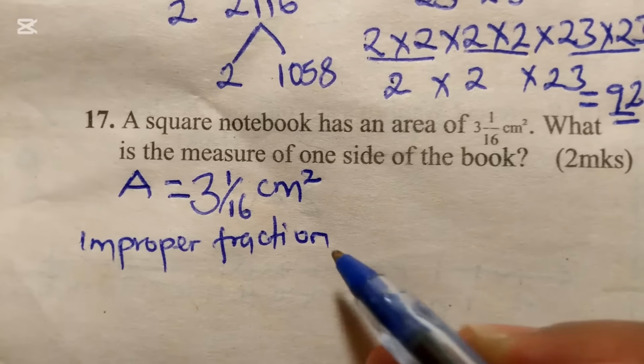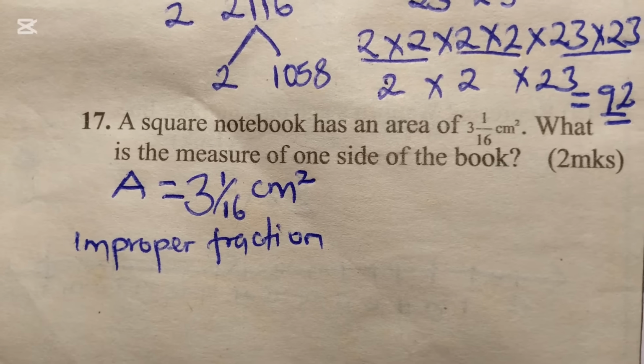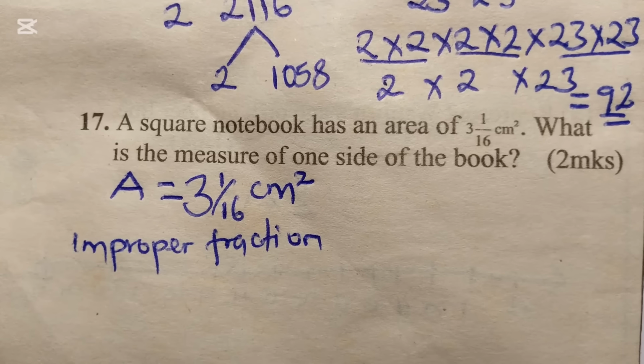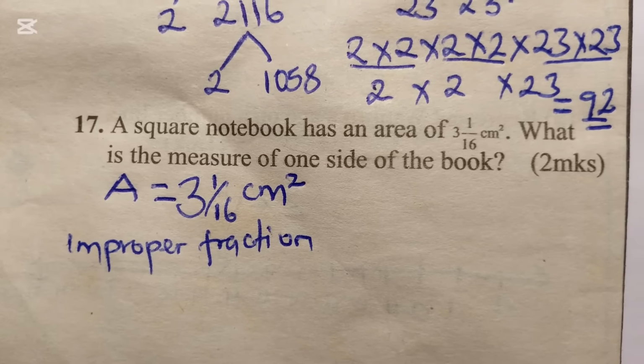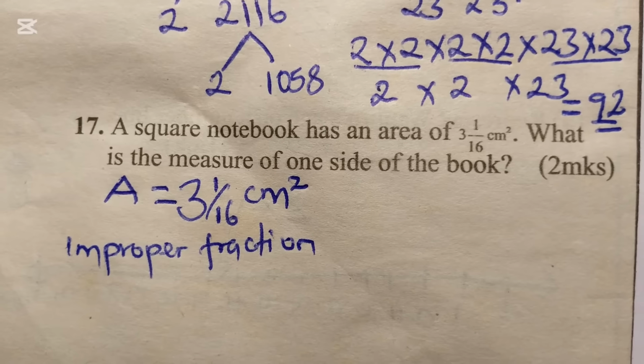Anytime you are dealing with mixed fractions in a question, you're first supposed to convert that mixed fraction to improper fraction for you to work well with the fraction, because working the fraction as a mixed fraction is very difficult.